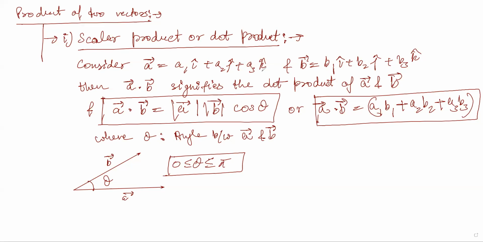But if you multiply i dot j, in that case, theta would be 90 and cos 90 is 0. So if two vectors are perpendicular, this is the important result: the dot product would be 0.